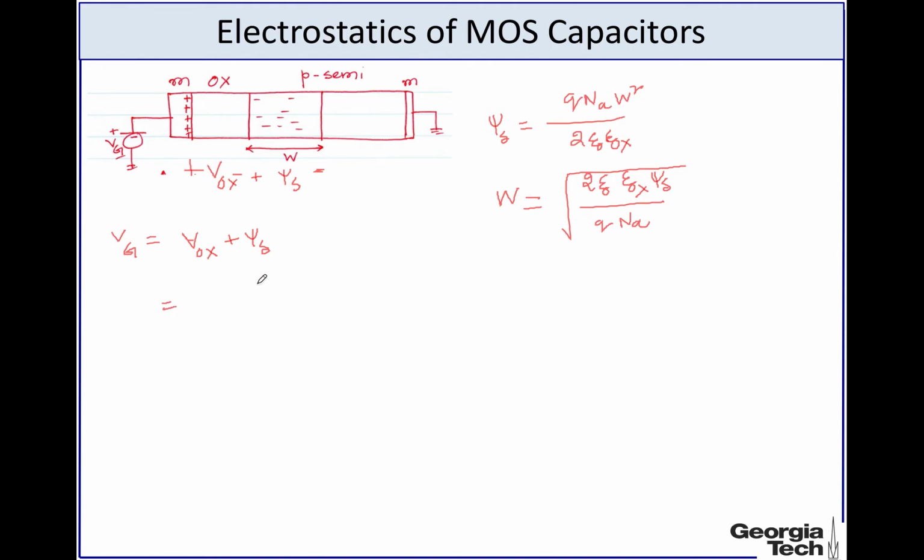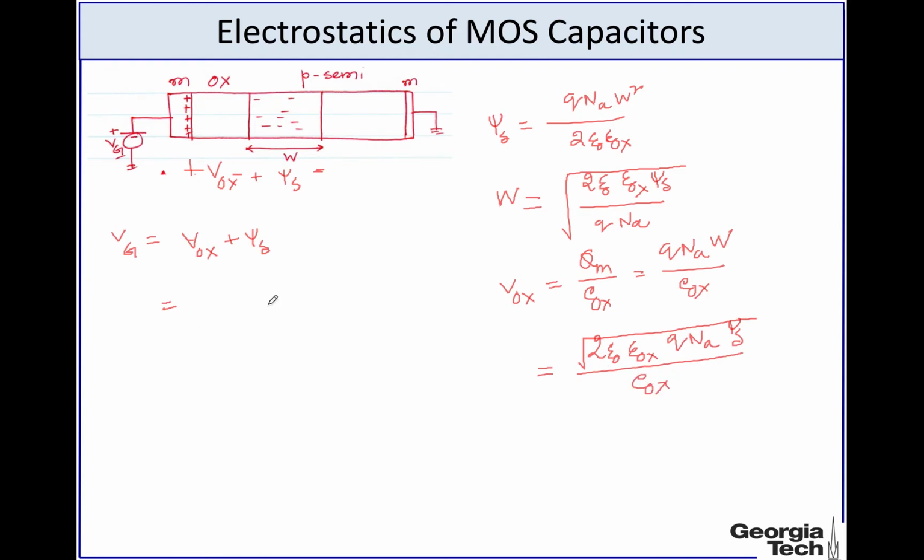So now Vox, what was Vox? Vox was Qm over Cox, and Qm equals Q Na W. So now if we replace this, what we get is twice epsilon naught epsilon ox Q Na psi s, square rooted, over Cox, plus psi s.